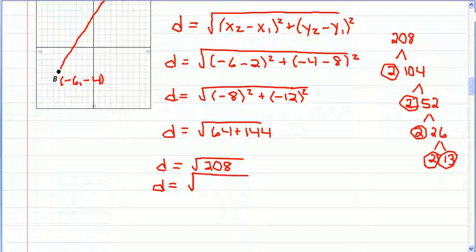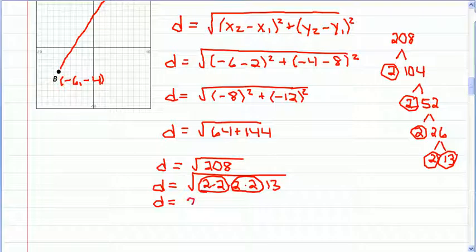So I'll rewrite 208 as its prime factorization, and I have 2 pairs of 2's, so I take out 2 2's, one to represent each pair, but the 13 stays inside, so that my final answer in simplified radical form is 4 times the square root of 13.